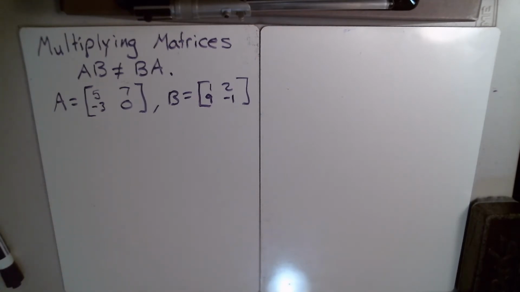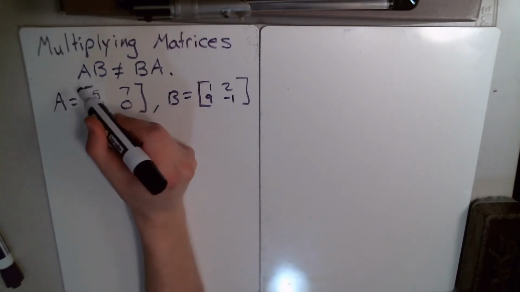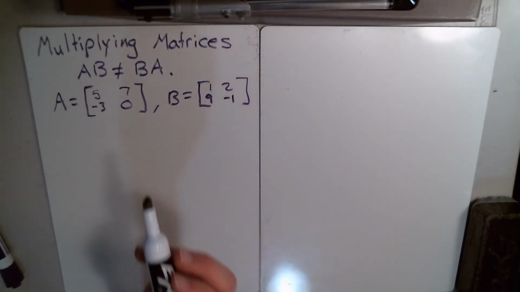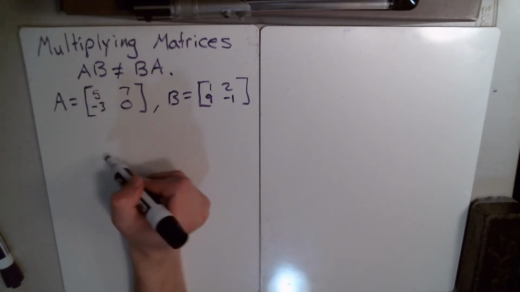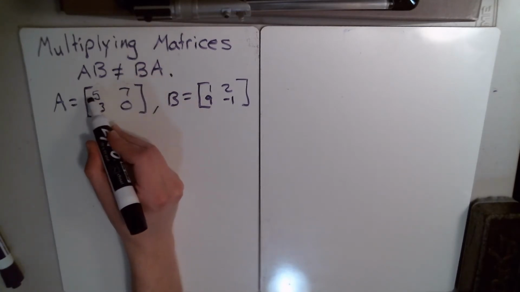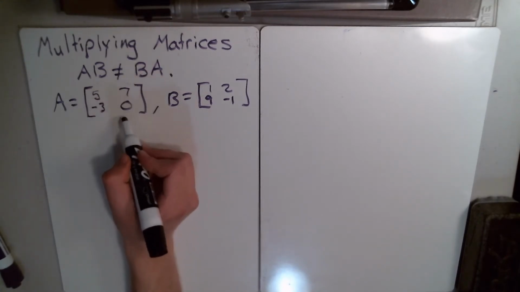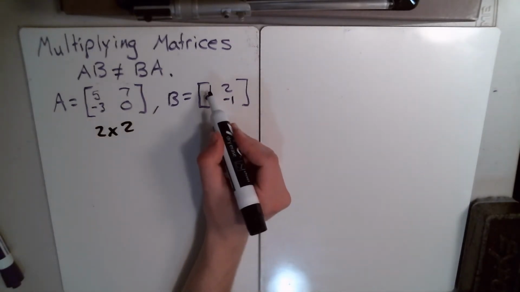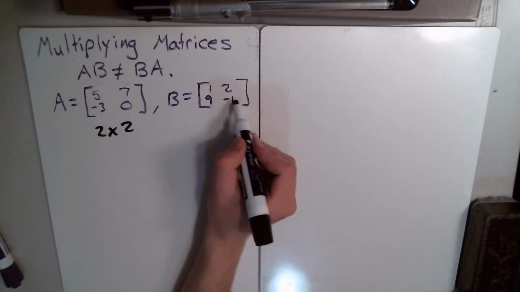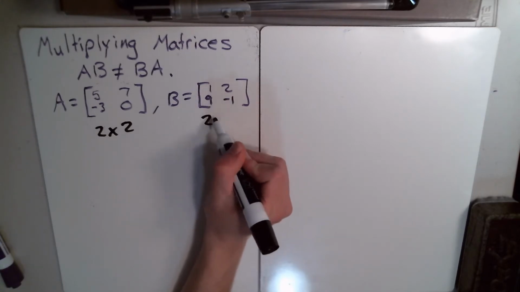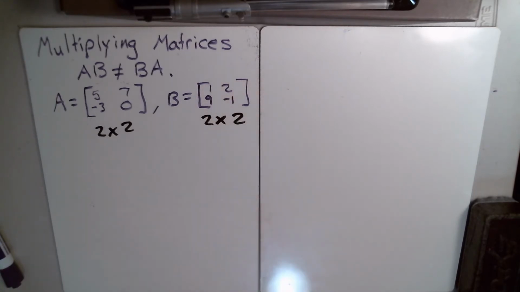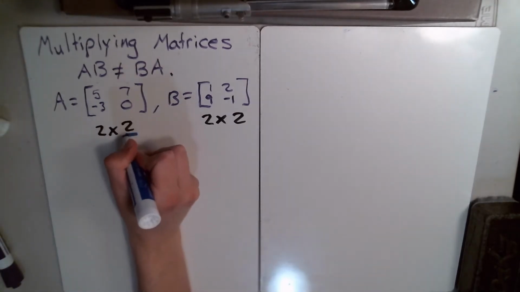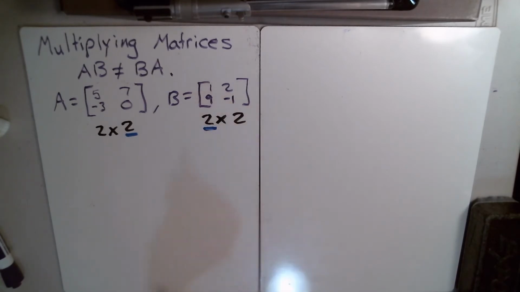So let me first show you why you can do both AB and BA in this example. So we've got A here. Well, A is a 2 by 2 matrix, and B is a 2 by 2 matrix, okay? So remember, in order for this to work, these two numbers need to be the same, right?